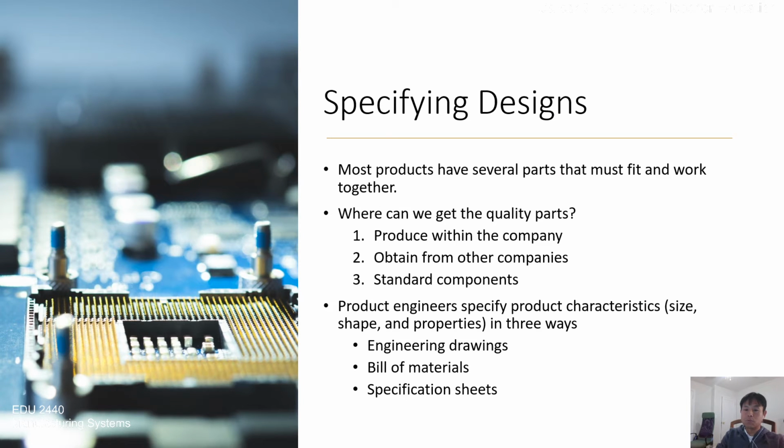Let's go into more detail about specifying design. What aspects do we need to consider in terms of specification? Most products have several parts that must fit and work together. Let's say we are designing a CPU, which uses thousands of parts, but where can we get quality parts?